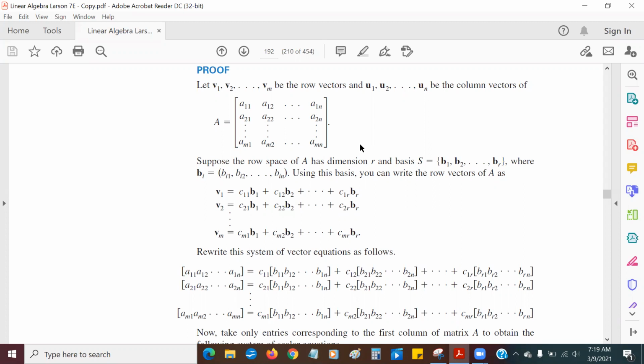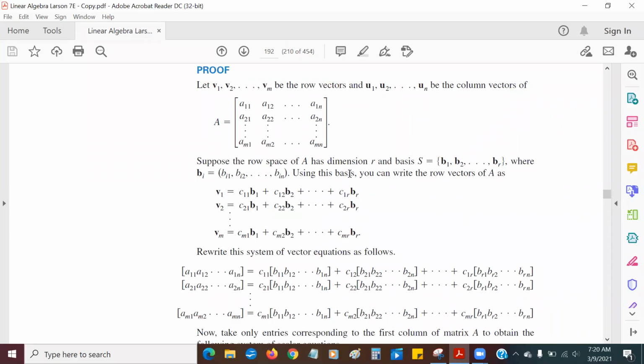Now, let's say the row space of A has dimension R. I'm just making up a variable R. So R is the dimension of the row space of A, and let's say it has a basis B1, B2, up to BR, where each Bi is Bi1, Bi2, through Bin.